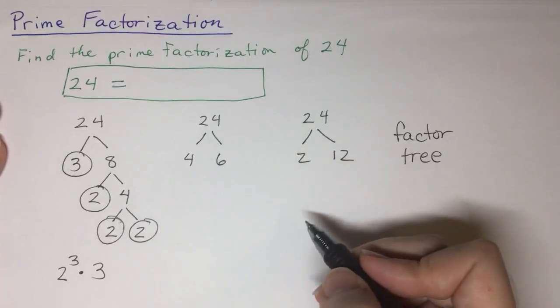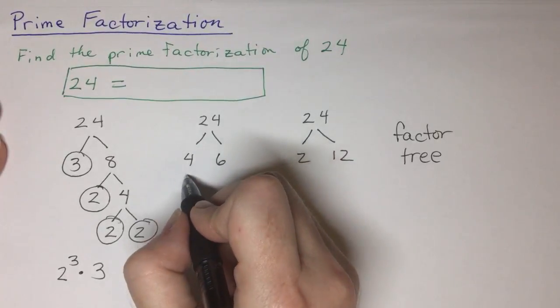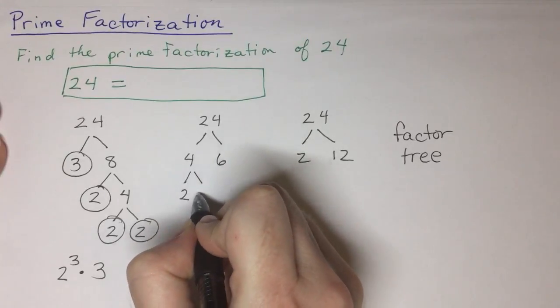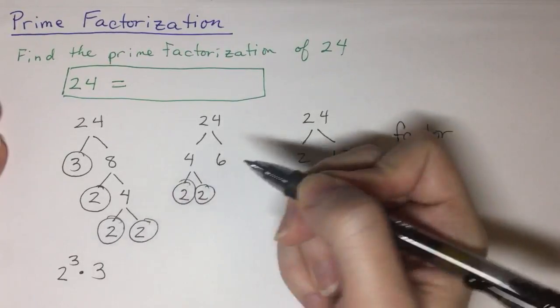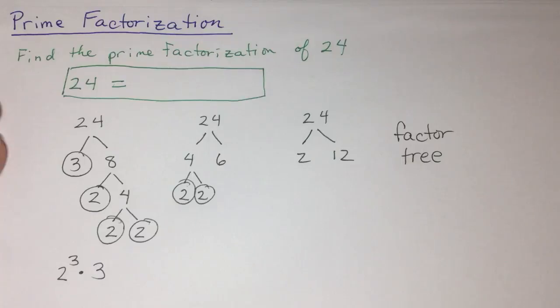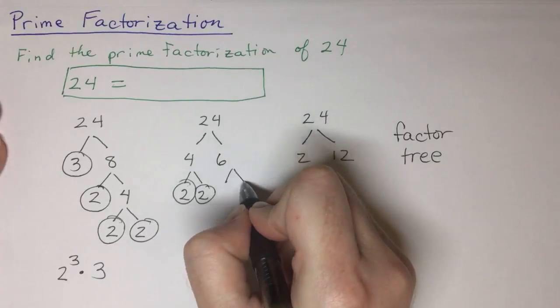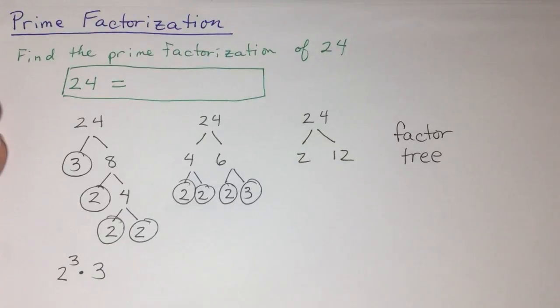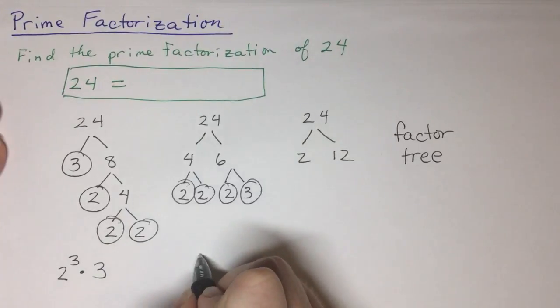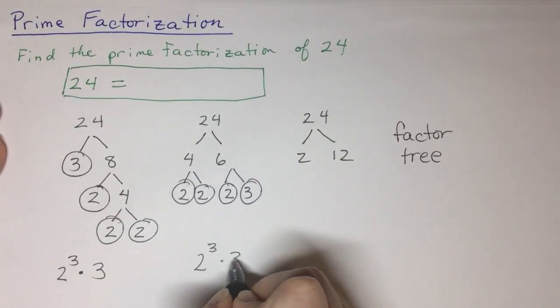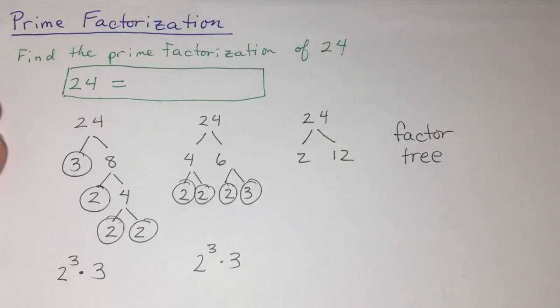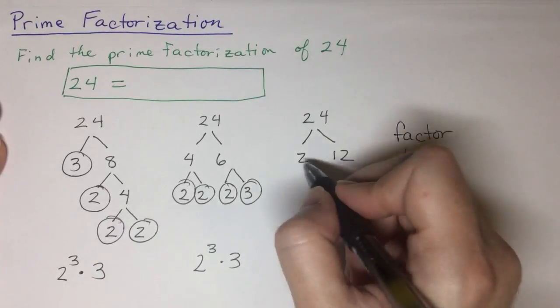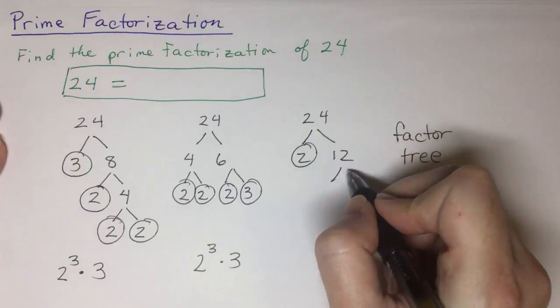If someone else did 24 as 4 and 6, well, 4 is not prime, so we can break that down. 4 is the product of 2 and 2, both of those are prime. 6 is the product of 2 and 3, both of those are prime. We get 2 cubed times 3. If we did 2 and 12, 2 is prime, 12 is not.